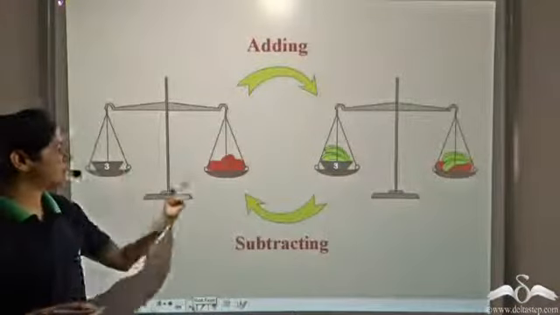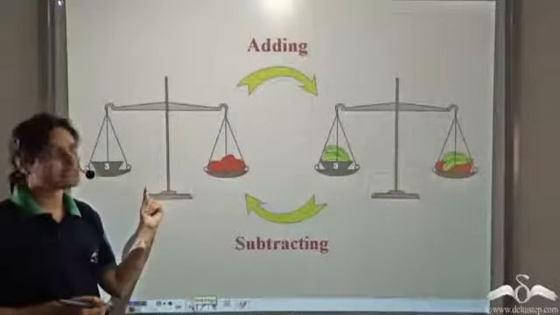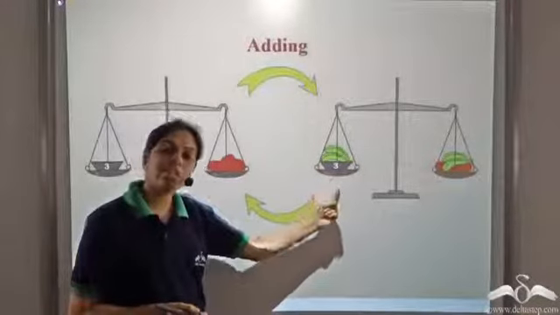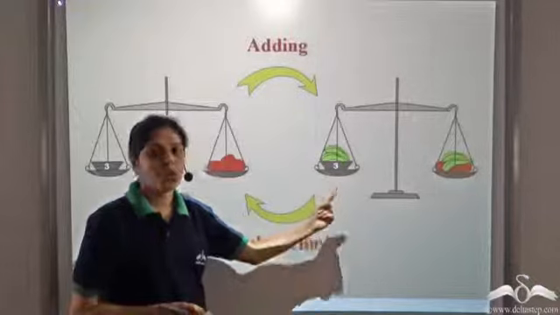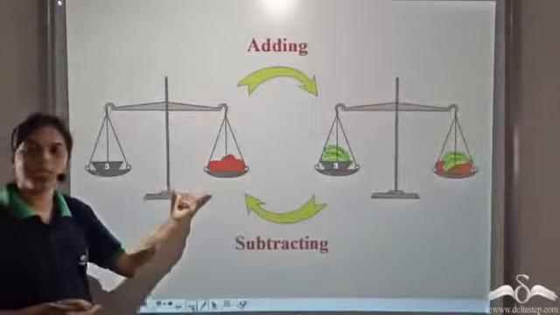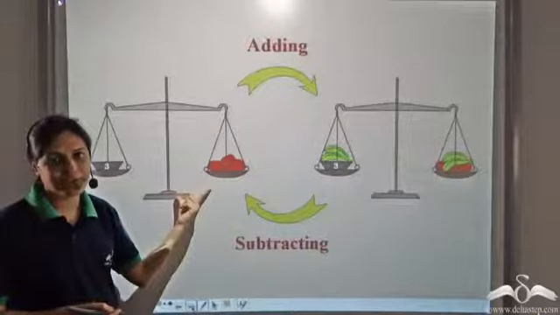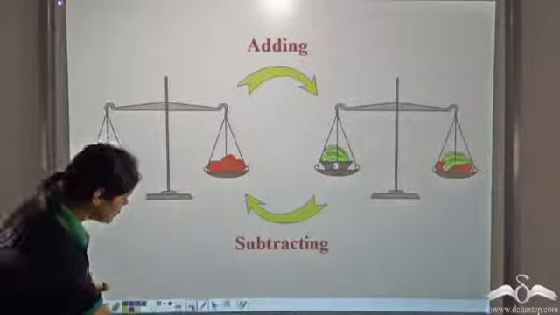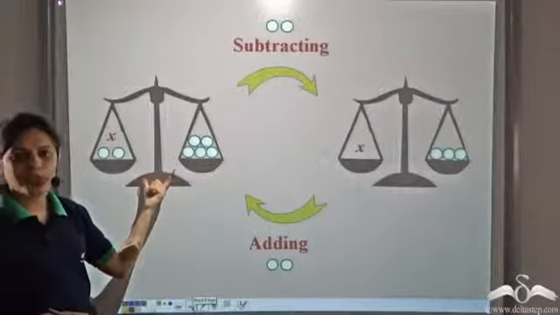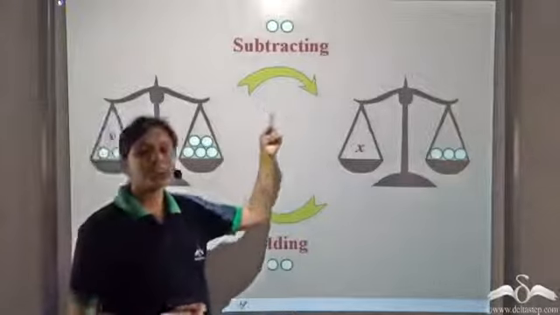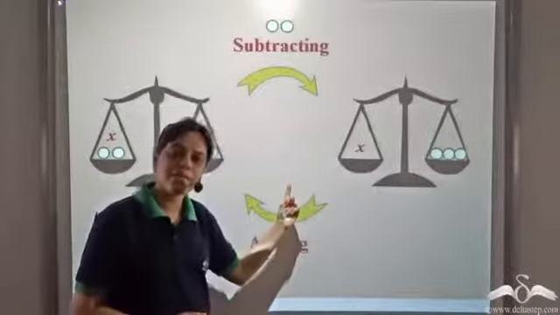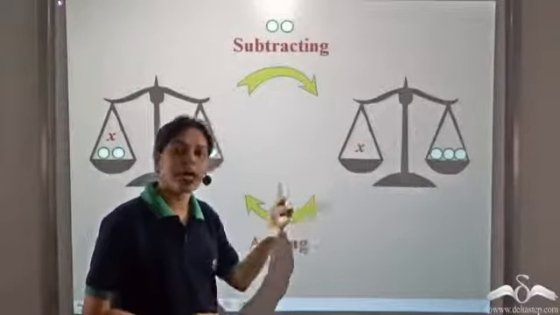So, if the scale is initially balanced and we add bananas to both the sides, it still remains balanced. Also, if we remove an equal number of bananas from both the sides, the scale still remains balanced. The same is true for numbers. So if we have an equation and we subtract the same number from both the sides, the equation remains the same, or the equation remains undisturbed.